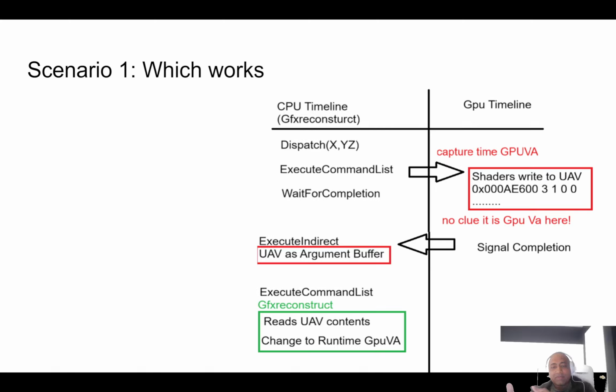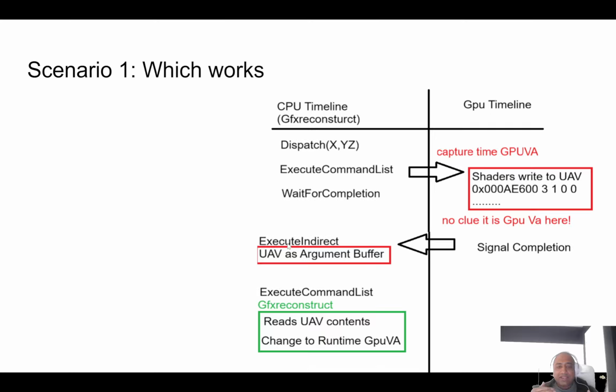Now the compute shaders execute and they actually write the capture time GPU VAs in the buffers. At this point, we cannot do anything because we don't even know if it's a GPU VA or some valid data which should not be changed. Then the CPU waits for the GPU to complete.